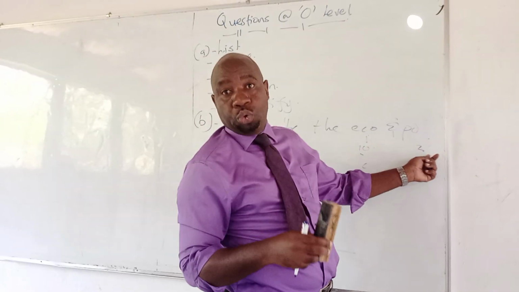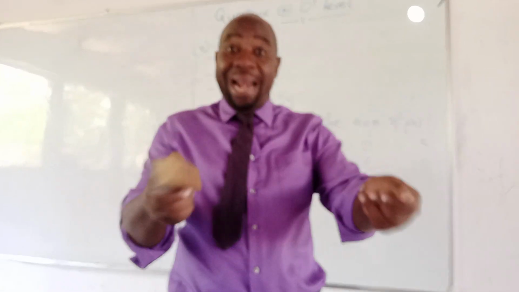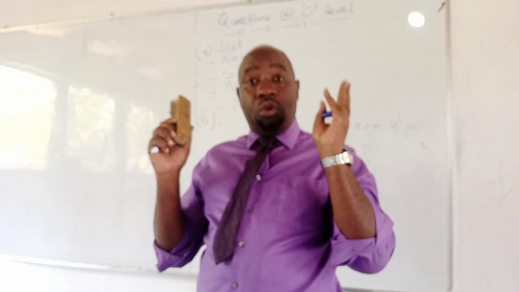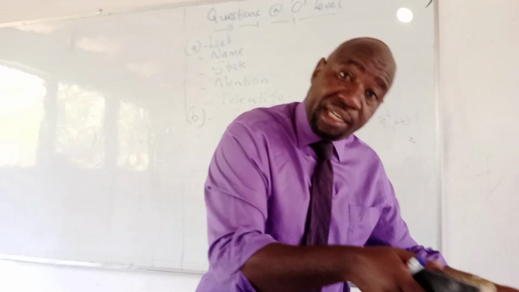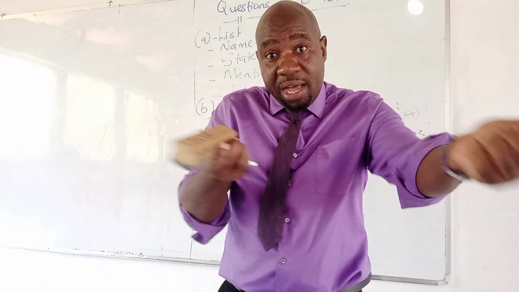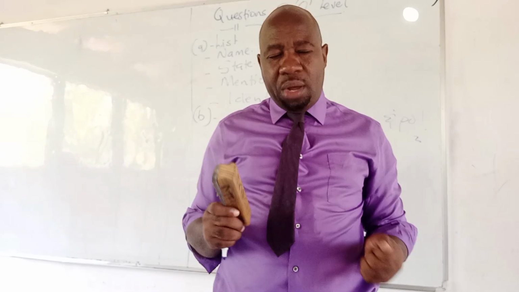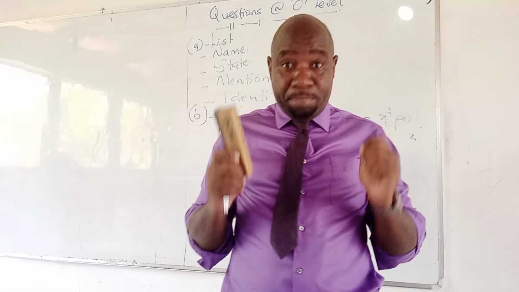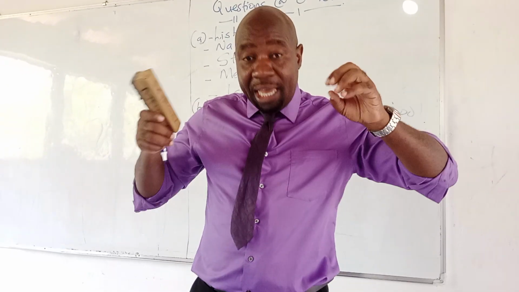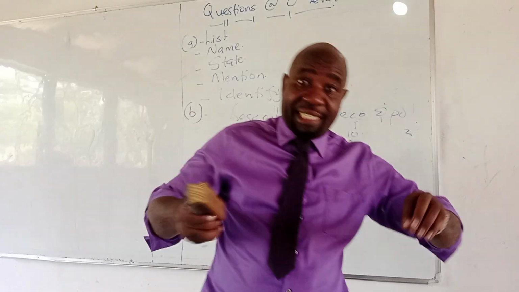So 6 plus 2, you get 8. So make sure you balance. If it says economical and political, make sure you've got 6 economical, then 6 political, so that you get 12 out of 12. So that is what we have, three types of part B. Number 1, we talked about a question asking you to give 6.